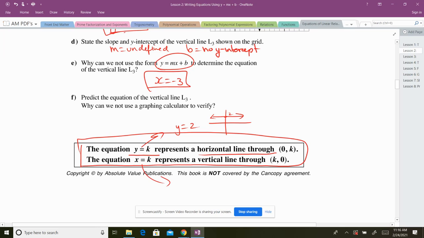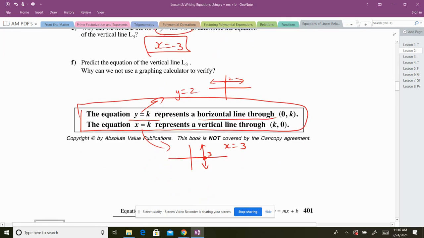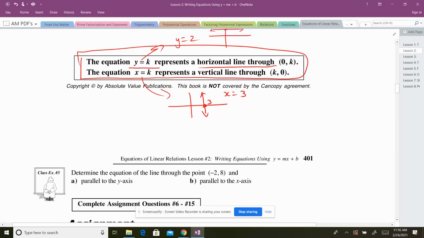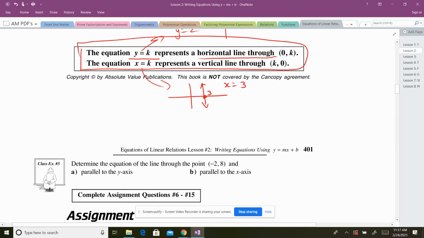Whereas this, x is equal to a number, represents a vertical line. So if I say x is equal to 3, it's a vertical line at x is equal to 3. Okay? There's a couple almost tricky, but whatever questions that you have to be able to do.